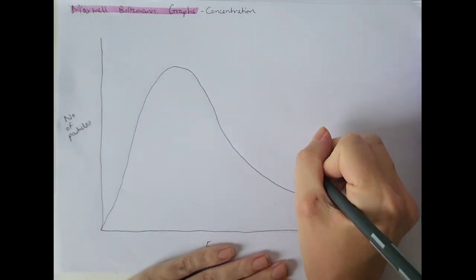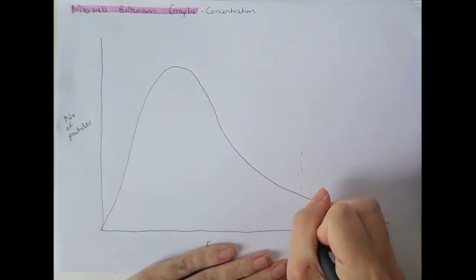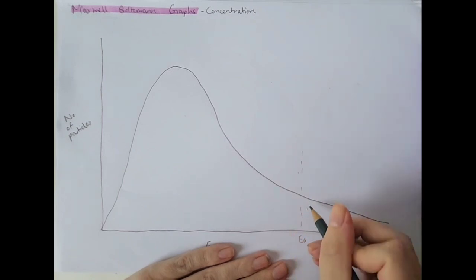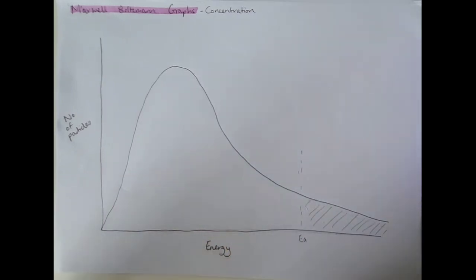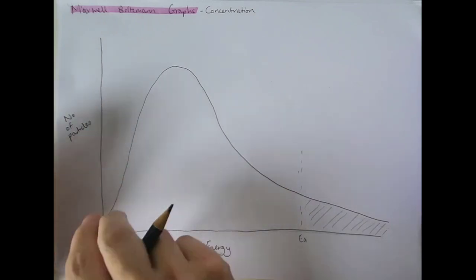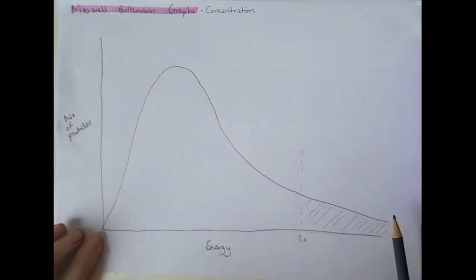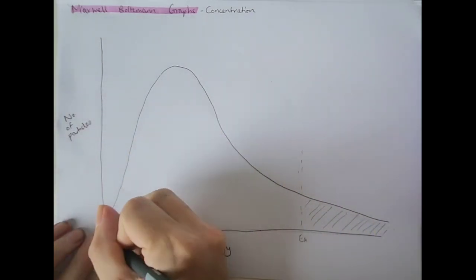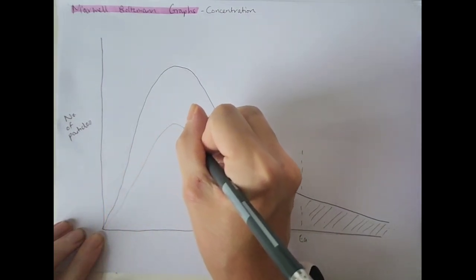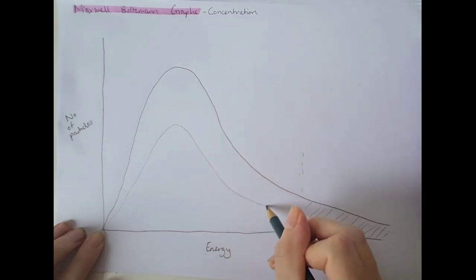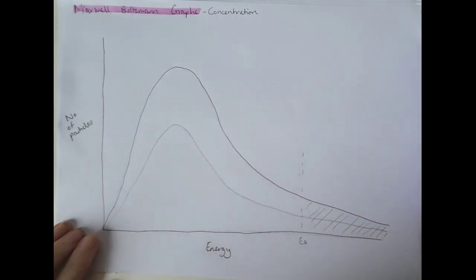So we can mark on our activation energy, and that shows us that at this point, all of these particles are capable of reacting upon collision. If we halve the concentration, we would halve the number of particles. So, like I said, the shape of the curve would not change, but it would be less high. So the shape would still reach a peak at the same point, but it would just trace roughly through halfway like that.